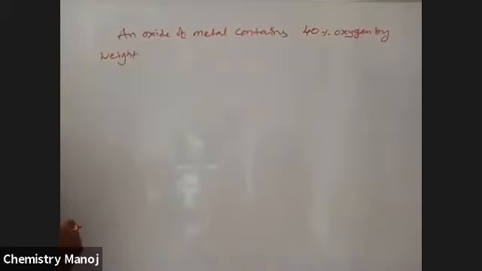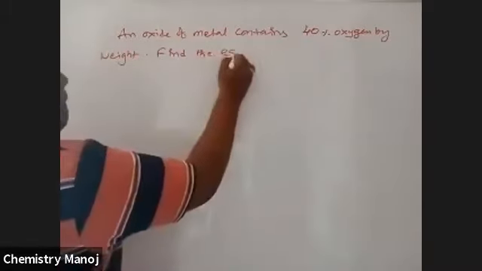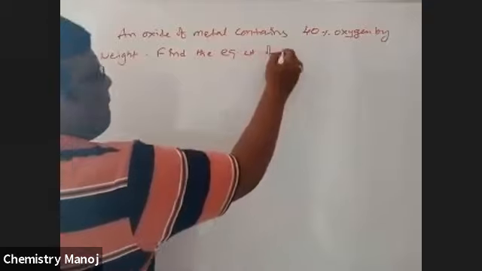Find the equivalent weight of the metal. Now, how to find the equivalent weight of the metal? Equivalent weight is equal to atomic weight by valency.